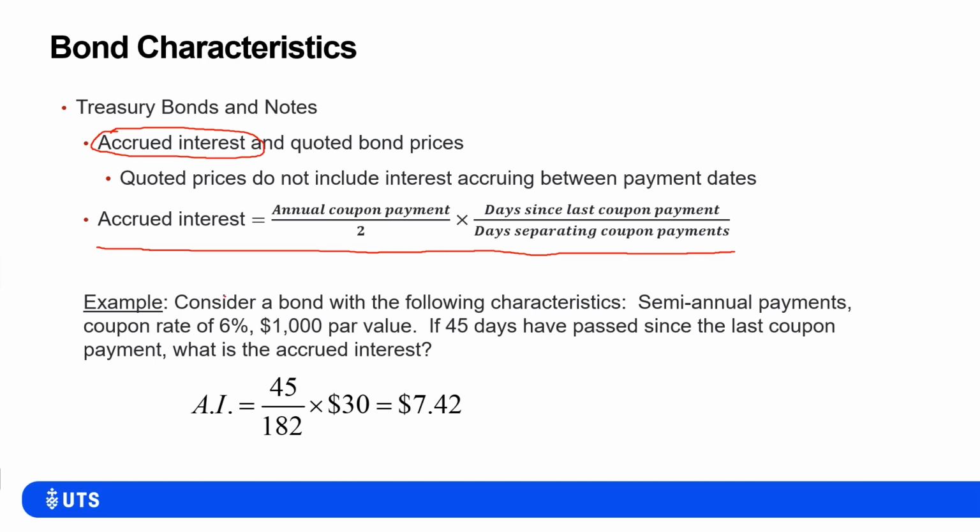And what are quoted bond prices? Quoted prices are the percentage prices that are usually quoted in the media. So, for example, we might say 117%, which is a quoted price. This quoted price is actually a percentage of the face value, and such quoted prices do not include the interest accruing between payment dates.